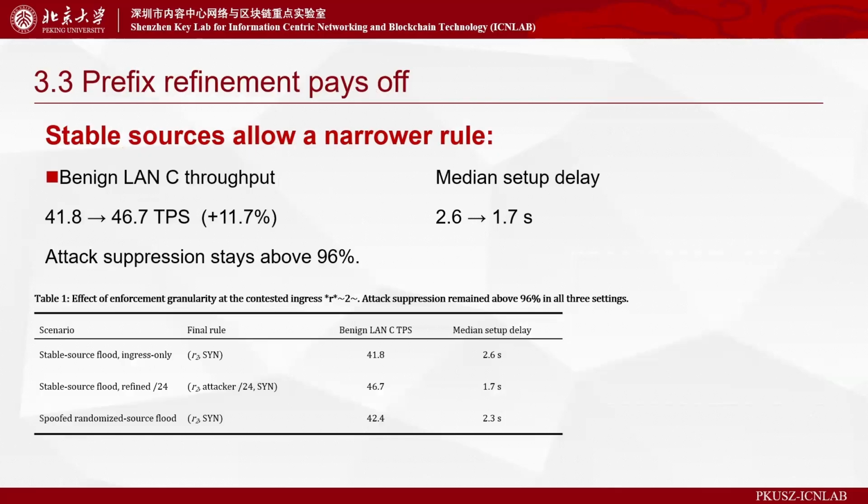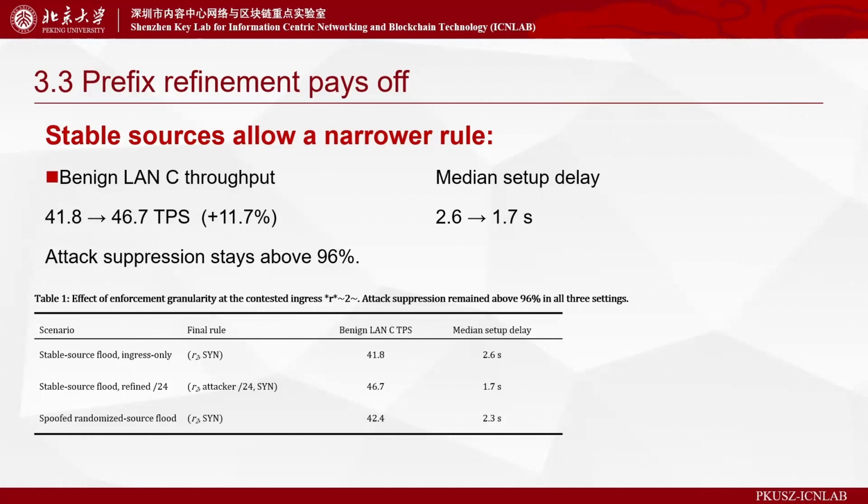The next question is whether selective refinement matters after the attack is already suppressed. On the contested R2 ingress, the ingress-wide rule gives the benign latency clients 41.8 transactions per second and 2.6 second median setup delay. When the source distribution is stable, the controller refines the policy to the attacker /24.